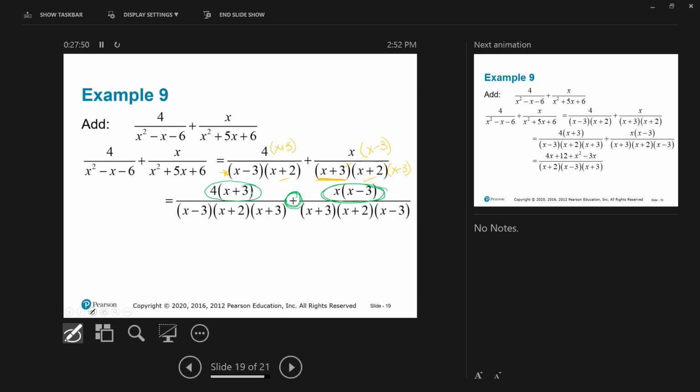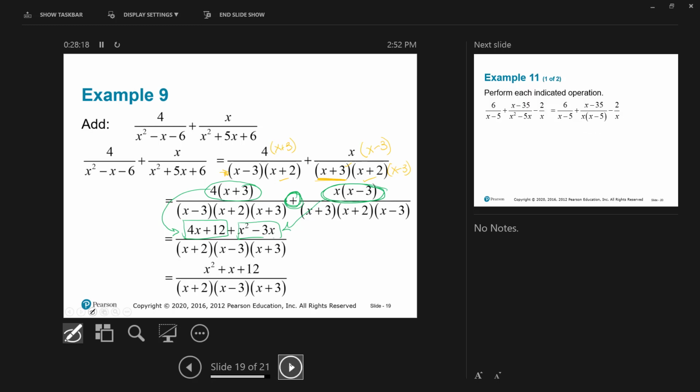Good, you multiply first, which is why this 4 times the parenthesis of x plus 3, this is how we got the 4x plus 12. And the second numerator of x times the parenthesis x minus 3, this is how we get the x squared minus 3x. Okay, combine like terms now, and this is what we have.